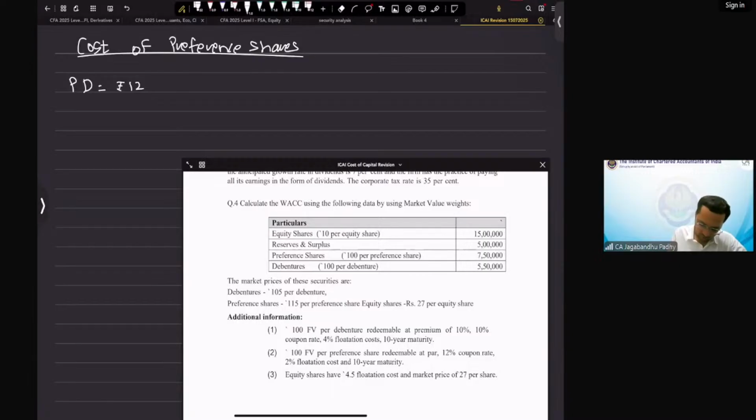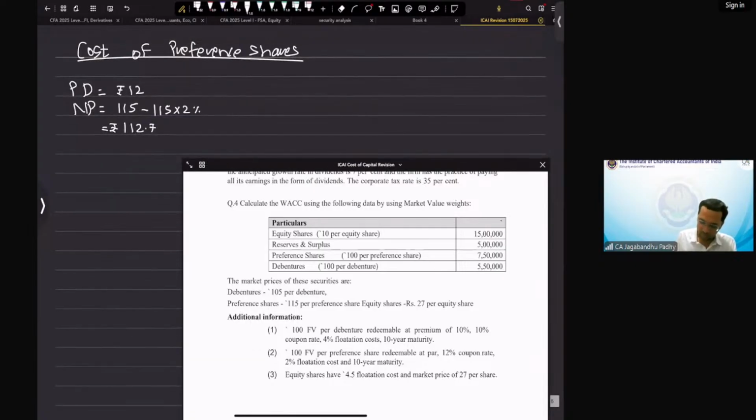So we have to get the net proceeds. Market price is 115. So from that 115 into 2%, that will be the cost that we need to subtract. So 115 into 2%, which is 2.3, minus 115, which is 112.7. That's the net proceeds.